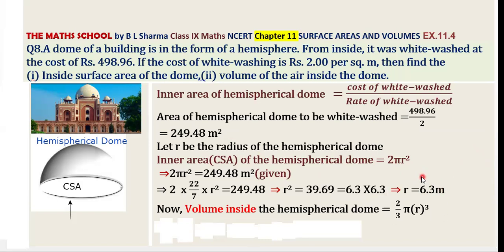We already have calculated radius, 6.3 meters. So 2 by 3 as it is, in place of pi, 22 by 7, and in place of radius, 6.3 into 6.3 into 6.3. And calculate. That will be your answer of the second part.